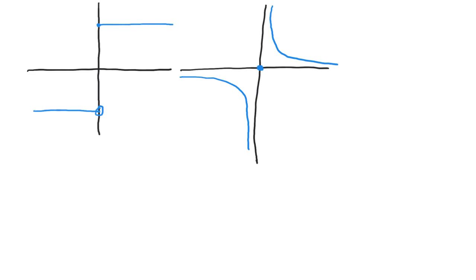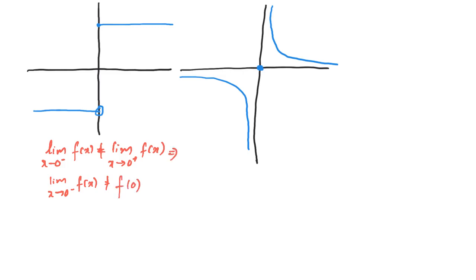Okay, let us write these things. Here limit x tends to 0 minus f of x is not equal to limit x tends to 0 plus of f of x, and limit x tends to 0 minus of f of x is not equal to f of 0. So this implies that limit x tends to 0 f of x does not exist. So that was the problem in the first example.